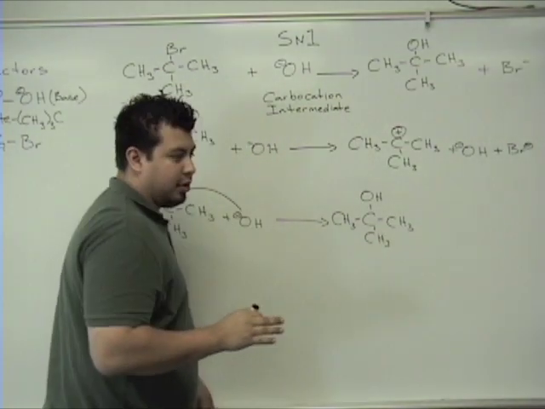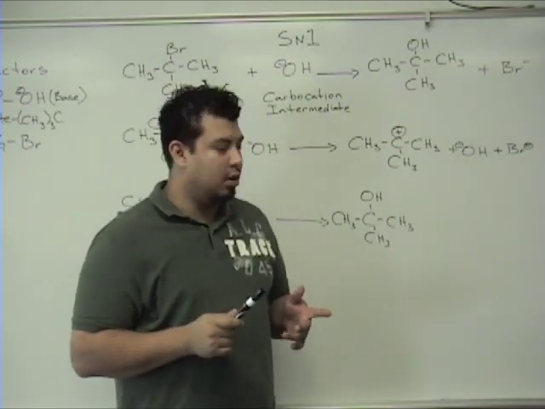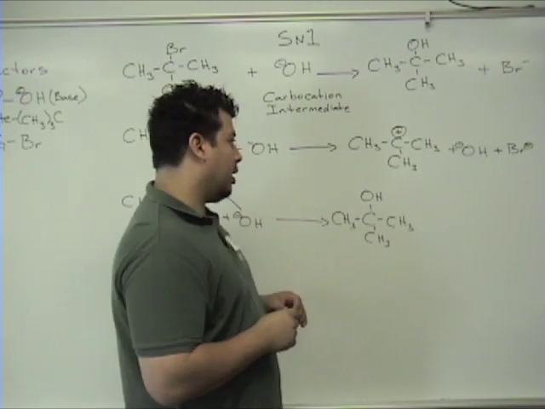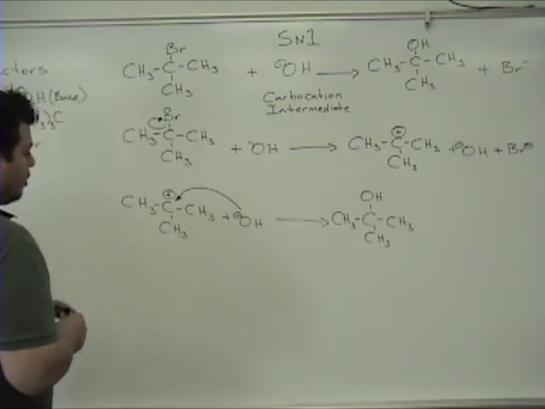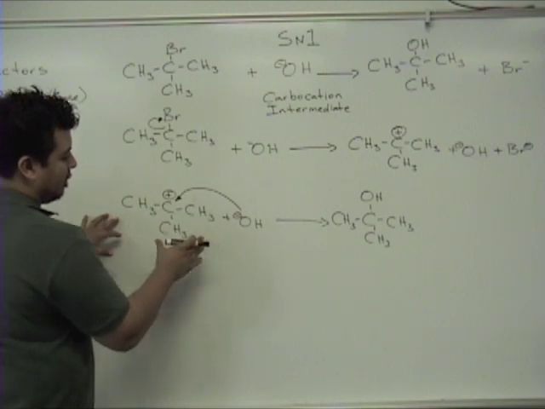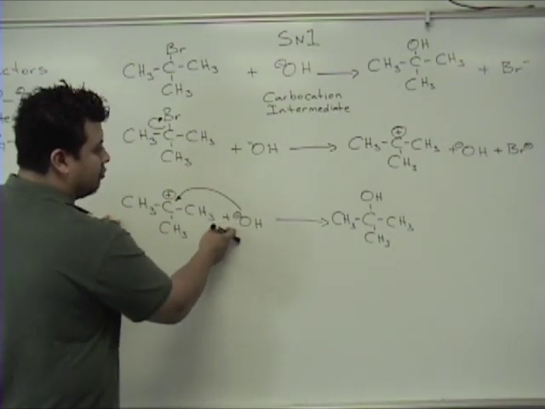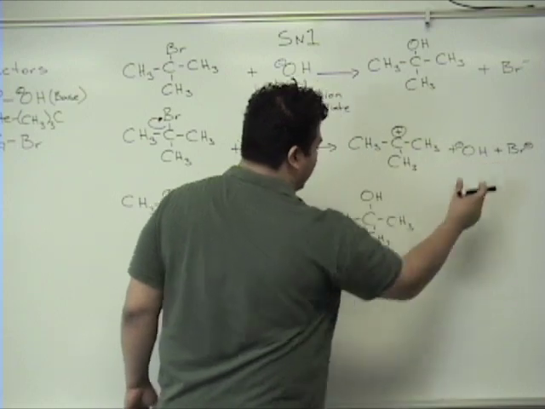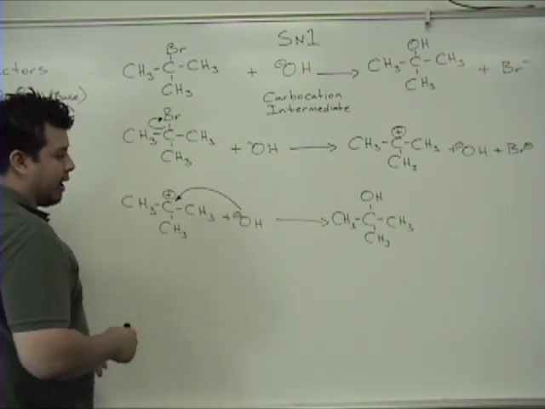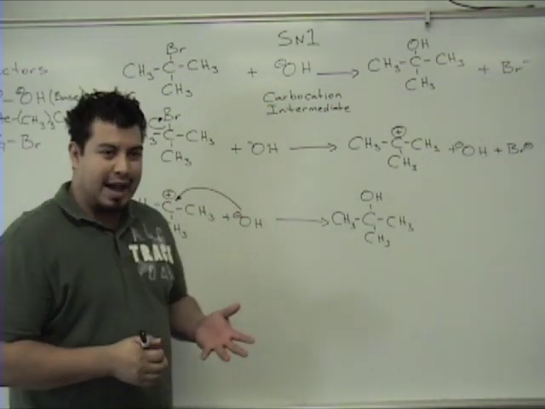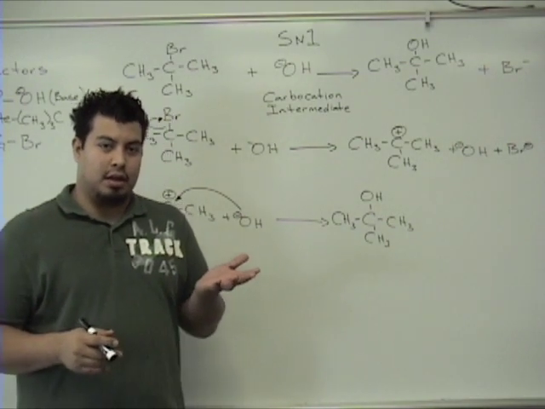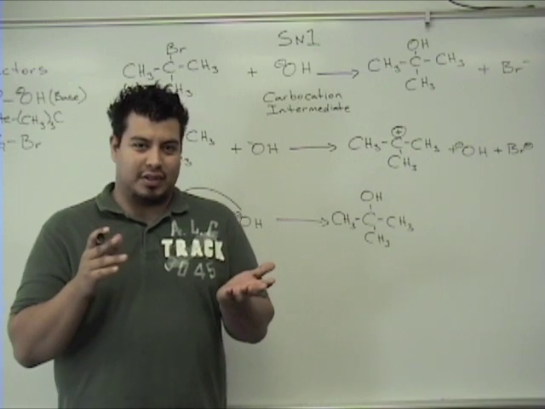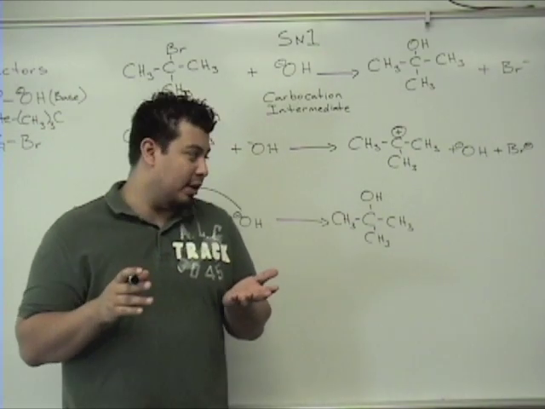And now I want you to think of the hybridization of it and the geometrical arrangement of that molecule. So once you get your carbocation, the nucleophile, the best nucleophile, in this case the better base, which is OH, is going to attack the carbocation. Now, the carbocation has sp2 hybridization, so it gives you a trigonal planar arrangement.